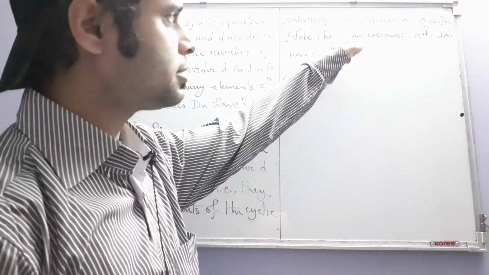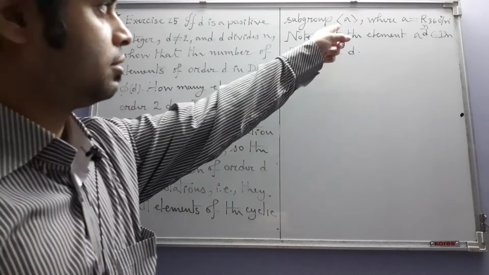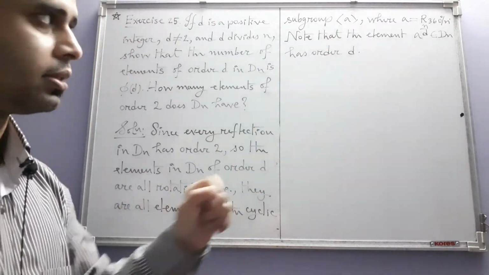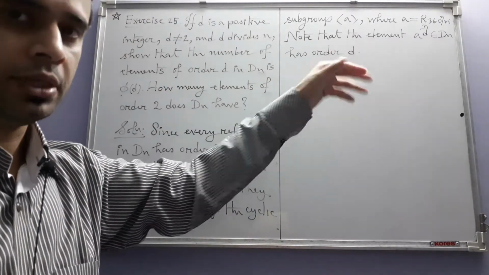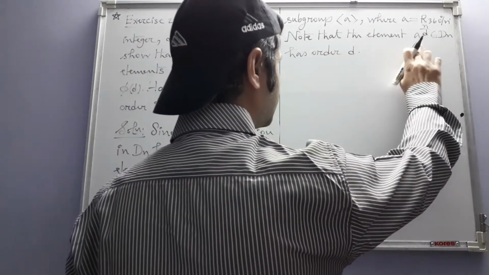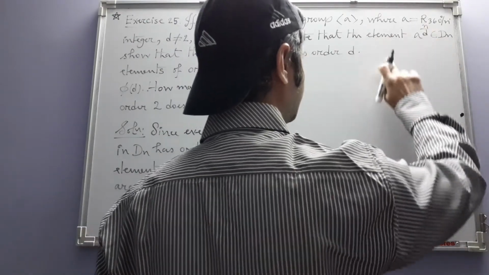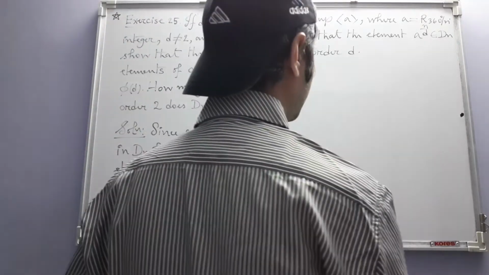Recall that this subgroup consisting of all the rotations in Dn has order n. That is because the element generating this cyclic subgroup is of order n. And using that fact, one can prove that the order of this element is d. It's not very difficult.